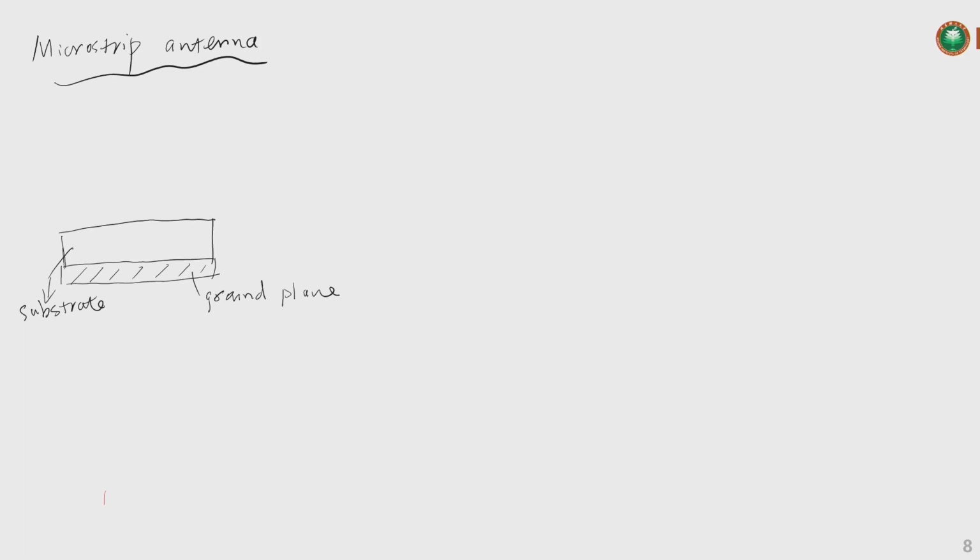For any semiconductor devices, usually we need to put our structures onto a substrate, right? This is a substrate, and on the substrate there is a microstrip. This is the microstrip.